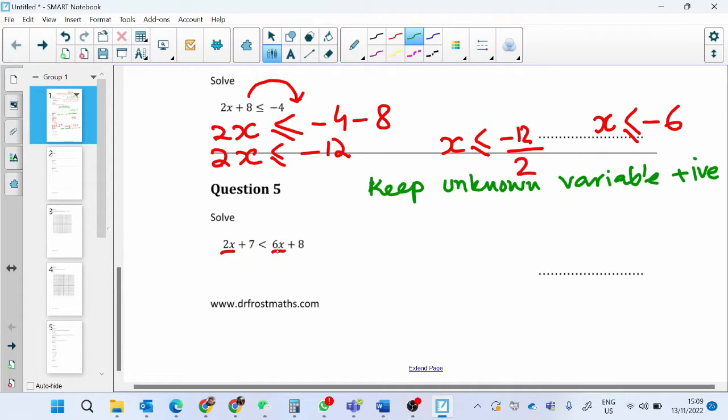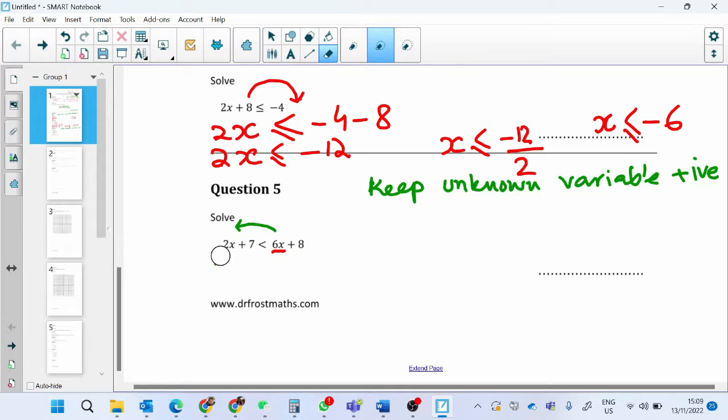Now here it's a 6x and on the left side it's 2x. So if we move this 6x here, it will be -6x, and then with positive 2x the outcome will be -4x. So this unknown variable will be negative.